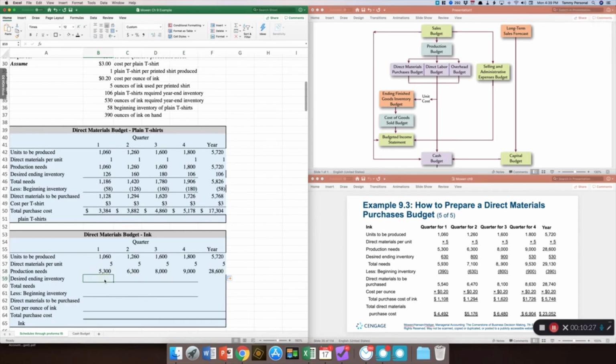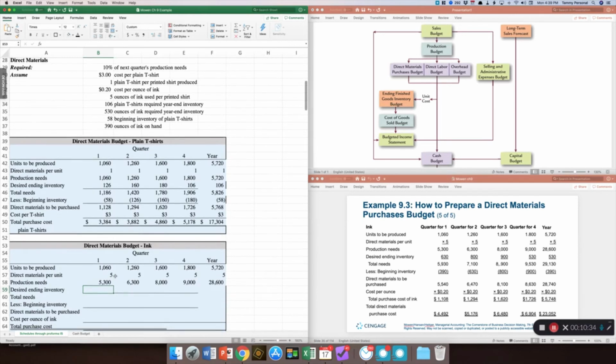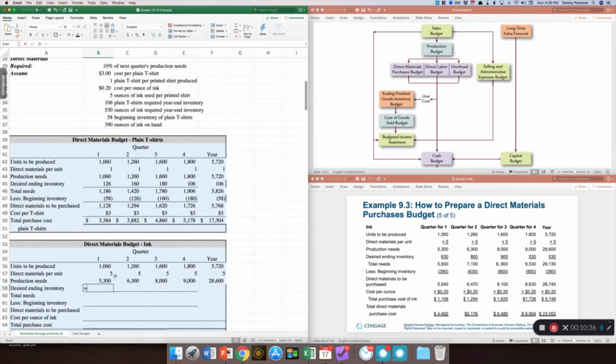And then our desired ending inventory is going to be 10% of next quarter's production, just like before. 10% absolute cell reference times next quarter's production needs of this raw material, 630.